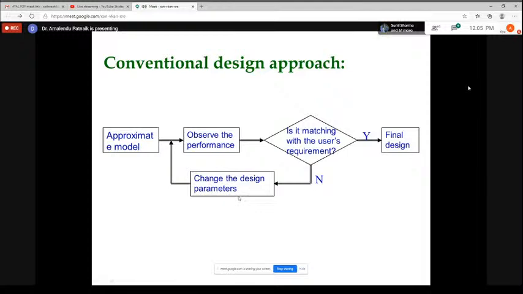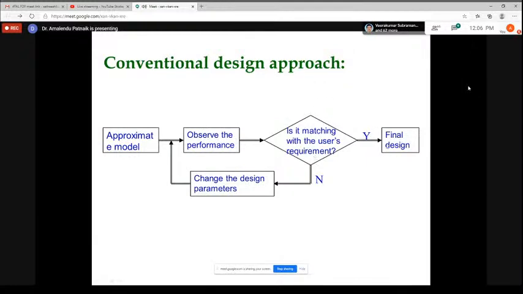And usually in antenna designing, a lot of parameters are involved. So we change those parameters. Again, we observe the performance of that changed antenna.